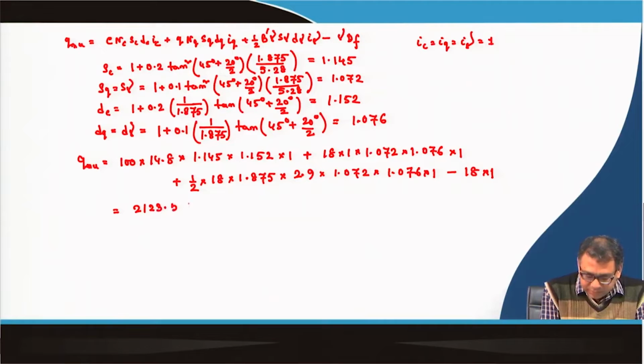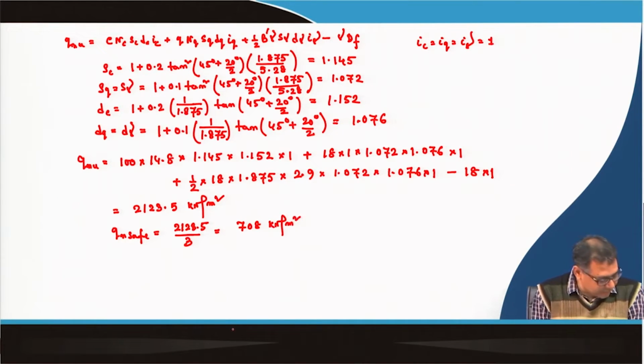2123.5 kilonewton per meter square, and Q net safe is equal to 2123.5 divided by 3, which is 708 kilonewton per meter square.